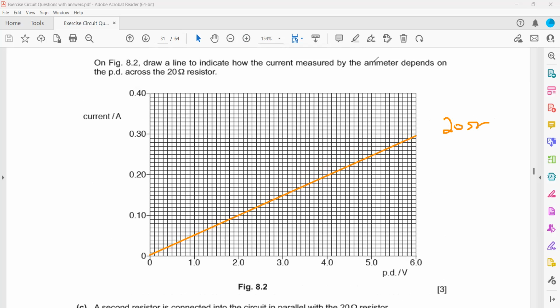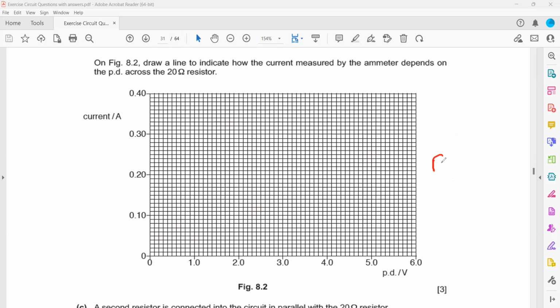If we have another resistor of 10, then for a 10 ohm resistor we'll have a much steeper graph as compared to 20 ohm, because the slope represents the reciprocal of R.